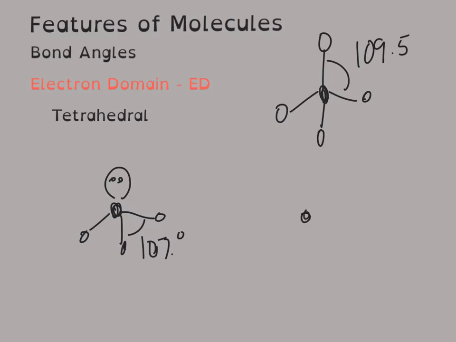If you go on then to bent in the electron domain of tetrahedral, the bond angle reduces even further, and it becomes 104.5. The numbers aren't necessarily as important as you understanding that the addition of the lone pair electrons caused the bond angle to be less than the original 109.5.